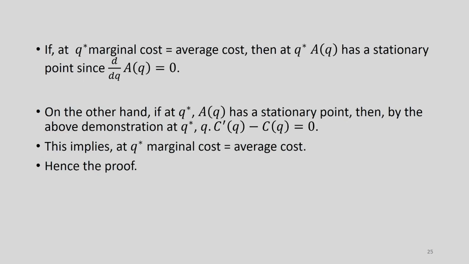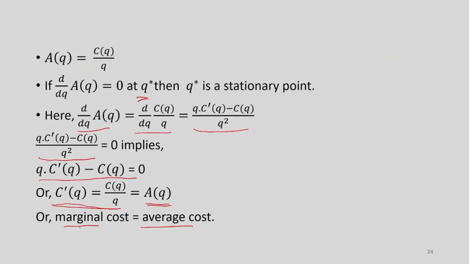If at Q star marginal cost is equal to average cost, then at Q star A(Q) has a stationary point, since the derivative of A(Q) will be equal to 0. Okay. So, that is what we have just seen. If the marginal cost and average cost are equal at a particular quantity level Q star, that means the first derivative of the average cost is equal to 0, which means that Q star is a stationary point.